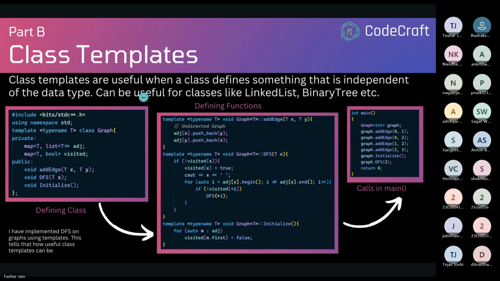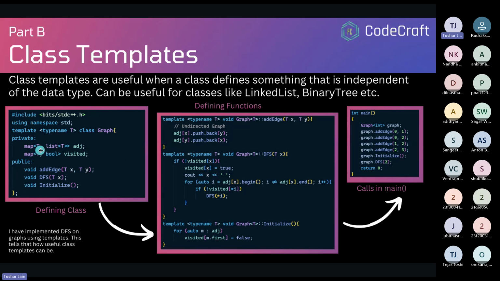Here, I have implemented DFS, depth first search, which is a common concept, using templates. The code doesn't matter here, but what matters is the syntax that I have used. Let's say here I have used template type name T class graph, and I have some stuff in private and some functions in public.